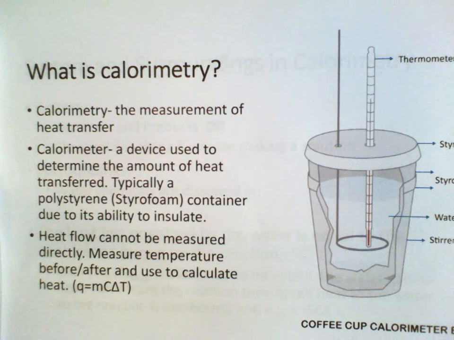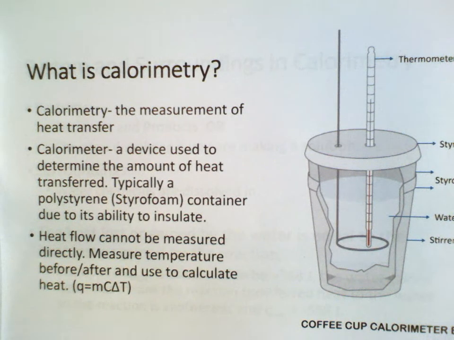Typically, a polystyrene container is used due to its ability to insulate. So you might know it as styrofoam, the brand Styrofoam, but it's made of polystyrene, so you might see either of those names. So it's a pretty basic lab setup, and we use the styrofoam because it will insulate, keep all the heat in, so we can trap it and measure it.